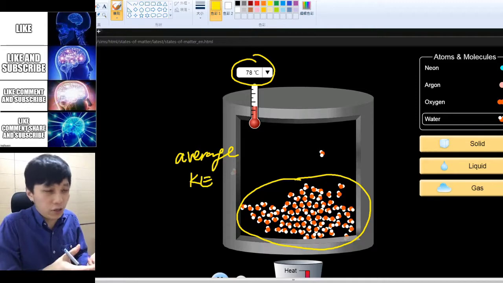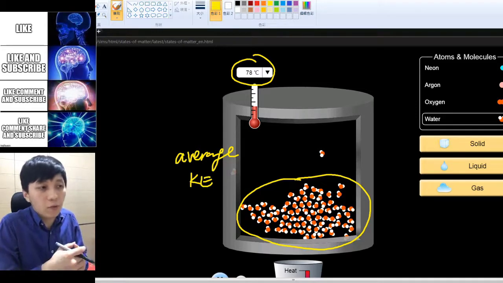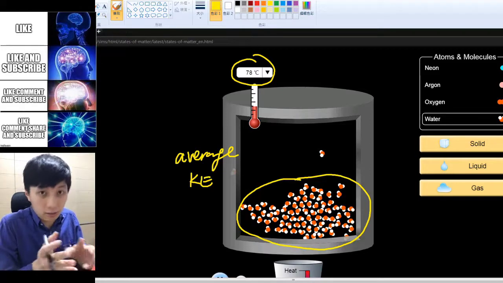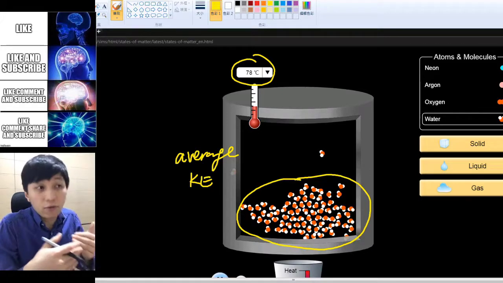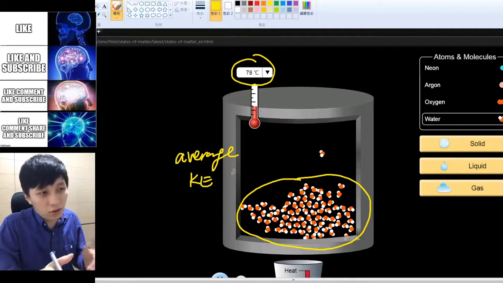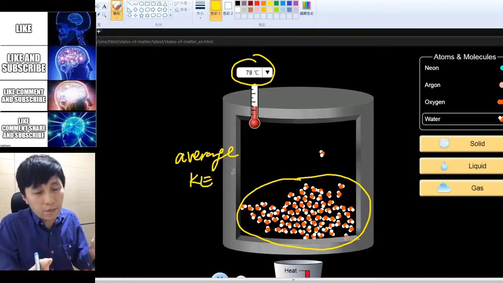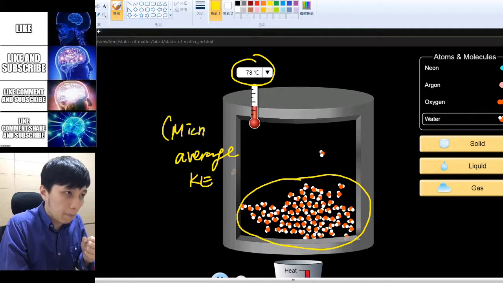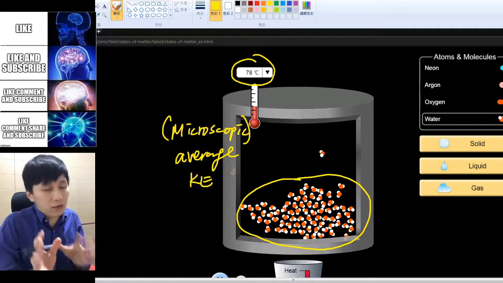You probably have learned it in year 6 when you talked about the kinetic energy of solid, liquid, and gas. And for sure you know when you have greater temperature, then the kinetic energy of the particles will be greater. Notice that here we are talking about microscopic. Okay, we are not talking about macroscopic.